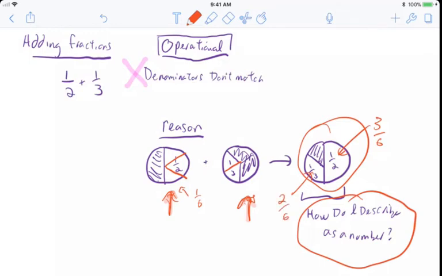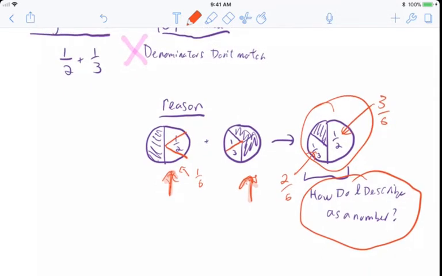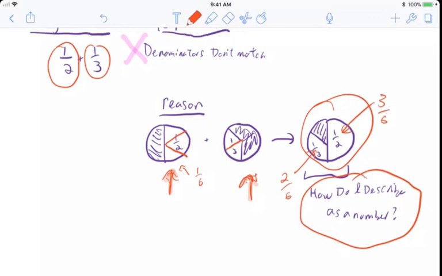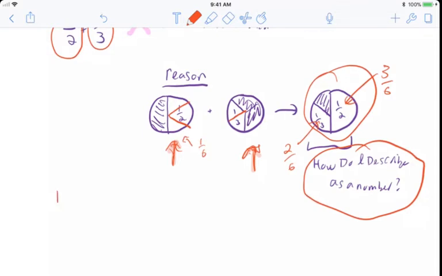Okay? So long story short, adding fractions is actually pretty tricky on the face of it, because you have to rewrite these expressions in terms of smaller sized pieces of pizza. Okay? So how do we do that? It's actually a fairly fun operation.